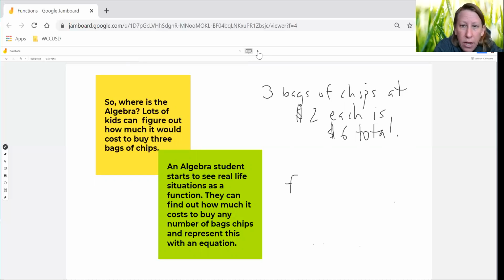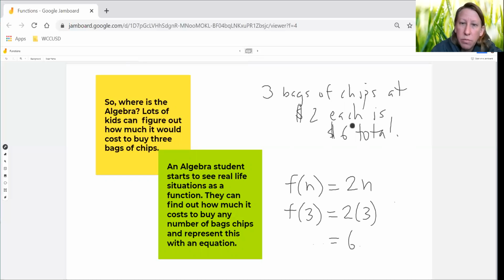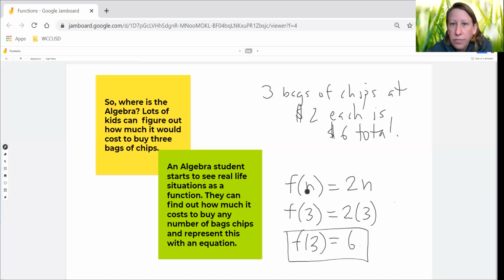So an algebra student would know that if you want to find 3 bags of chips, you would do 2 times 3, and that would tell you the answer is 6. So this would be your mathematical model. Buying 3 bags of chips has a total cost of $6. 3 goes into the function, 6 comes out.